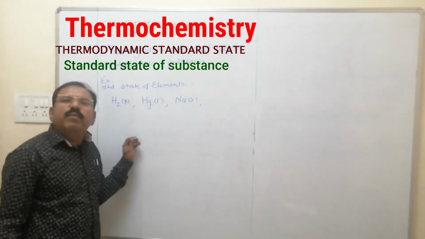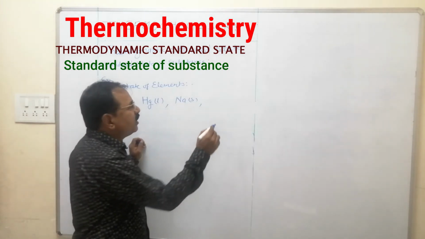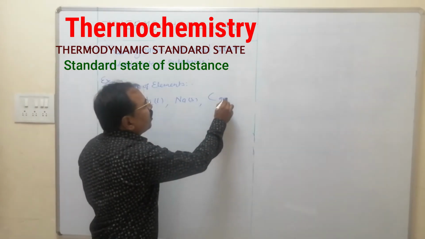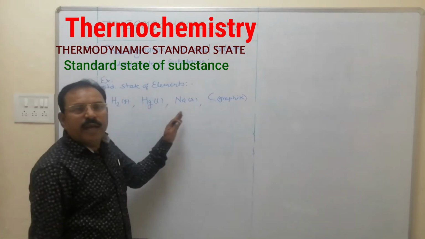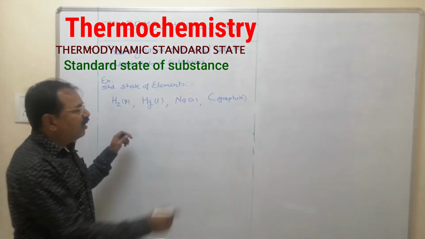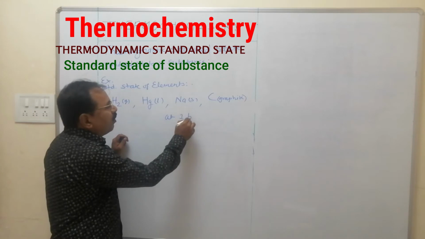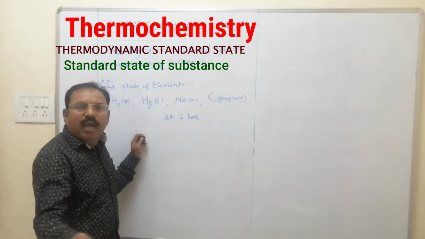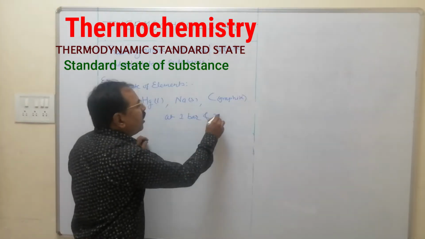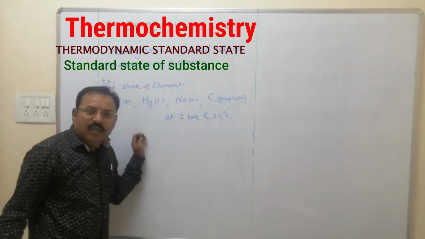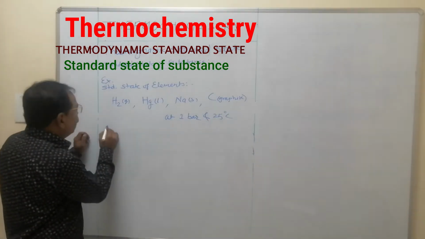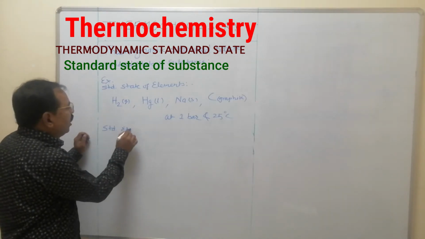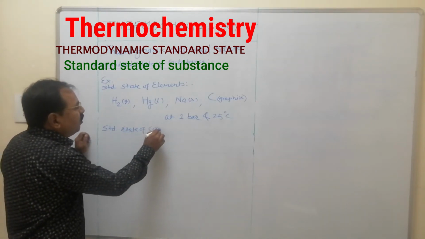The standard state of carbon is graphite. All the standard states of these elements are at 1 bar pressure and 25 degrees Celsius temperature. Now we can see a few examples of standard state of compounds.